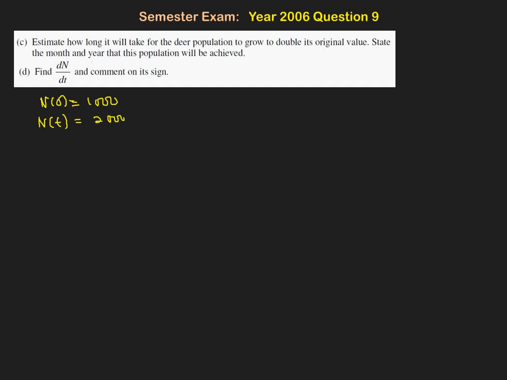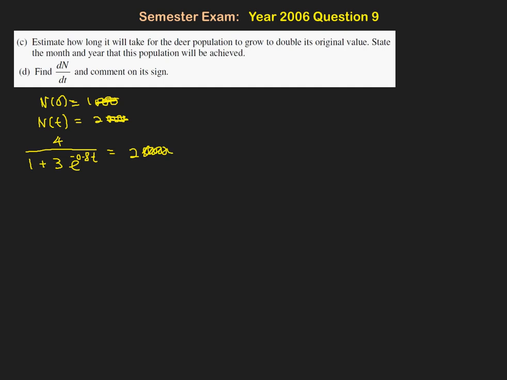So it means they ask you to find the time. We already know the value of k, so we just let it be 2000, but it's not 2000, right? I made a mistake. It should be 2 because N is in thousands and the original is just 1, so it should be just 2.